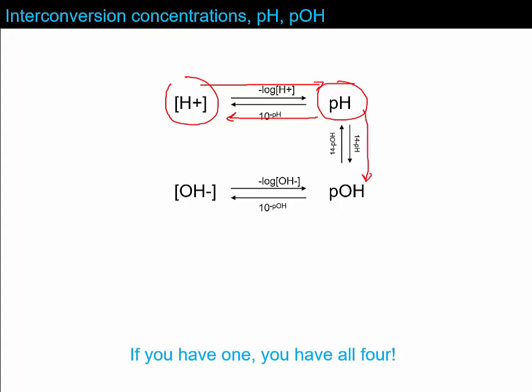If you've got a pOH, you can go backwards and find pH doing 14 minus pOH. If you've got a pOH, you do 10 to the minus pOH to get your hydroxide ion concentration. If you've got your OH minus ion concentration, you do minus base 10 log of the OH minus ion concentration to get the pOH. So if you've got any one of these, you can calculate your way to the other 3. And you can actually get there by using your Kw expression as well. So it's actually a little shortcut in there too.